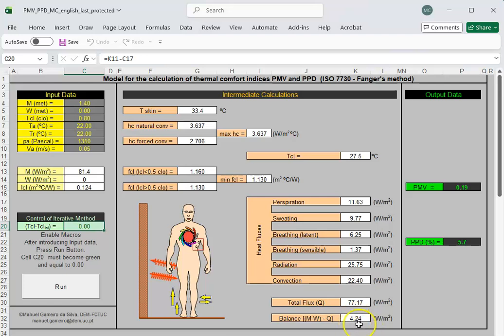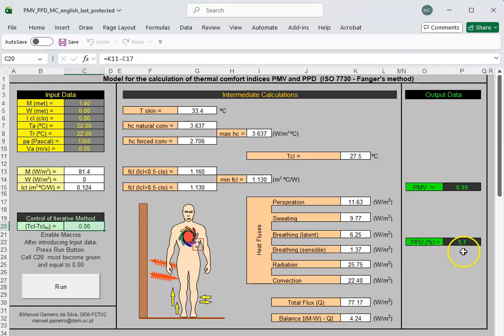So, in Fanger's equation, after we calculate this, we apply the model for the human perception that transforms this heat balance into the vote in the PMV scale, ranging from -3 to +3, where 0 corresponds to neutrality and thus to the comfortable situation. In Fanger's method, there is also an equation allowing us to calculate, based on the PMV value, the percentage of dissatisfied people.